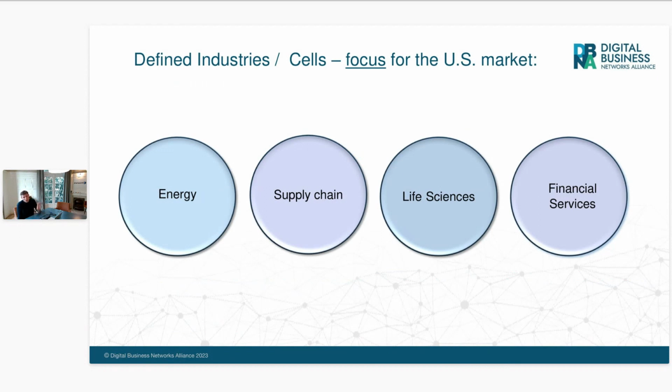So that's why we formulated these 4 cells, energy, supply chain, life science, and financial services, because we want to make sure that the service providers focus on attracting registrants, customers within these 4 cells, so that for the companies that sign up, there's a bigger chance that their counterpart, their supplier or their buyer, is also on the network.